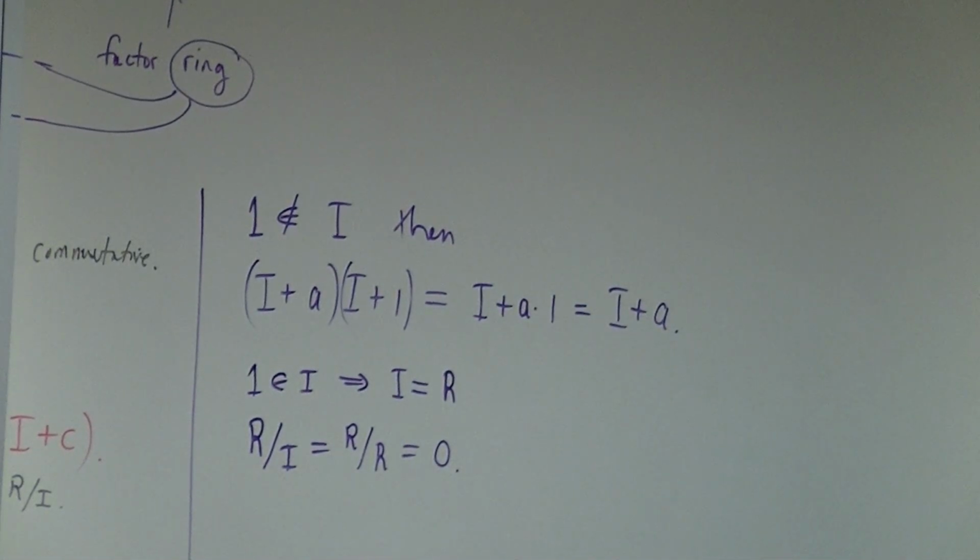Student: If we did something like I plus A times I plus 0, would that just equal I then? I plus A times I plus, like, just I. So it's I plus 0. Instructor: I'm sorry, I'm not following you. I'm talking about adding and multiplying cosets right now.